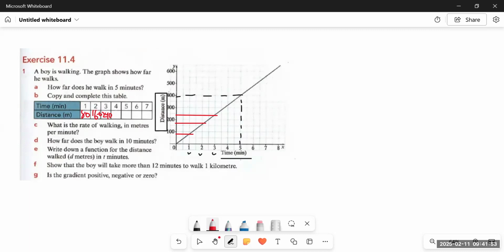And then if we look at 4 minutes, we'll see that it's around 320. And then at 5 minutes, we have already figured out that it was 400 meters.